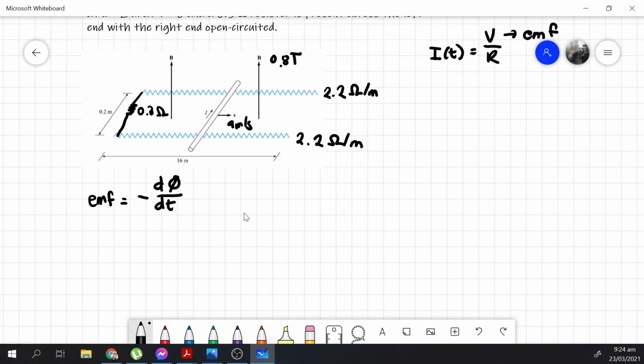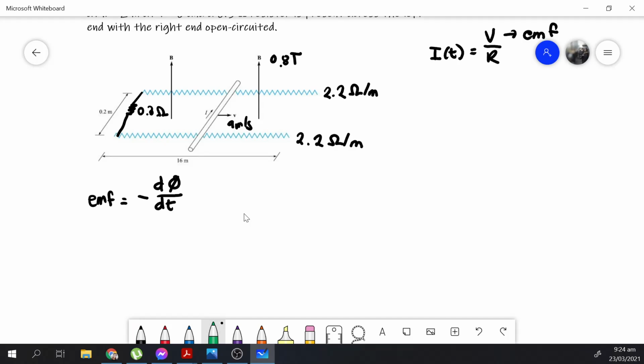Now, your flux is simply equivalent to the magnetic field B multiplied by the area where the object is moving. The magnetic field is constant, which is 0.8 Tesla, multiplied by the area. The surface area is rectangular, so you have length multiplied by the width.